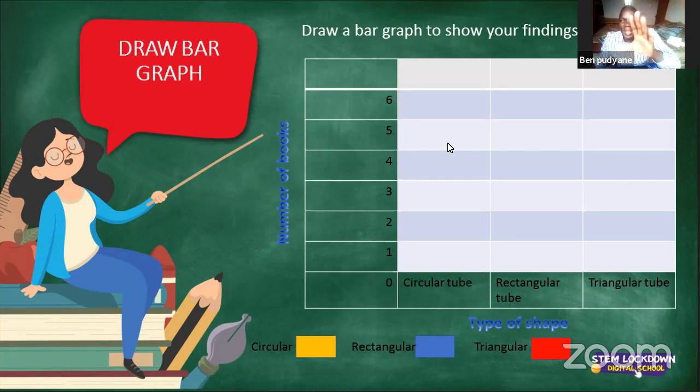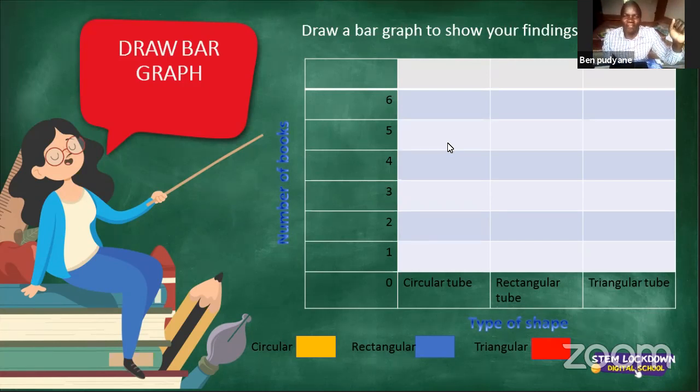Now, the graph has got what you call the left-hand side. On the left-hand side is the y-axis, and then at the bottom, where I wrote type of shape, is the x-axis.